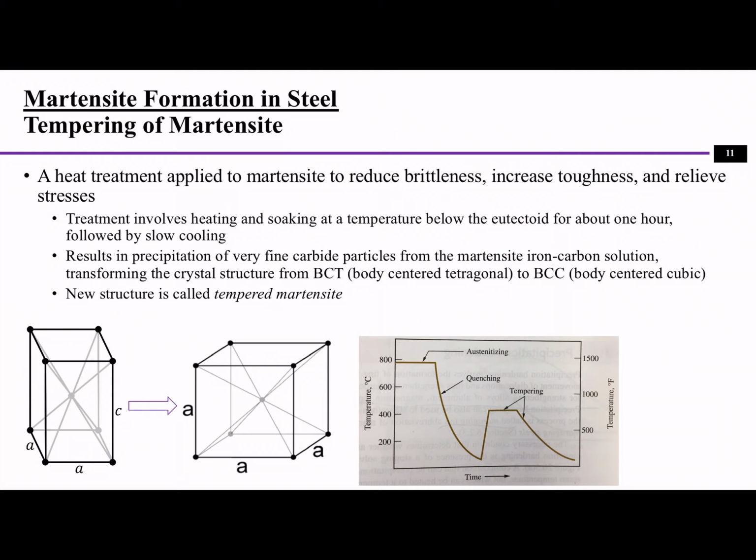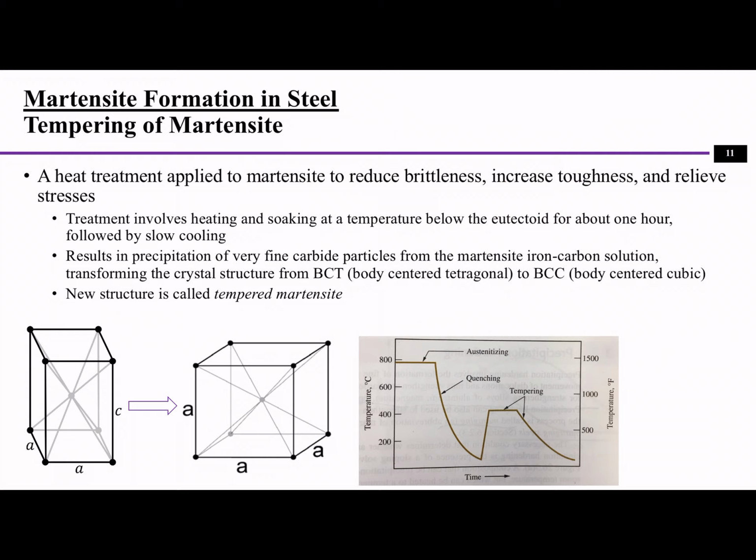So after forming the martensite, the structure we formed is actually a body-centered tetragonal structure. You can see the left figure. This structure has high brittleness, and toughness is also very low, but in a lot of applications when we're using steels, we actually want to reduce that brittleness and also increase the toughness.